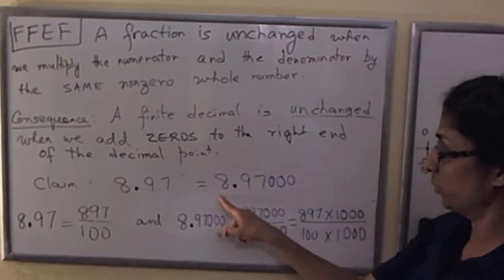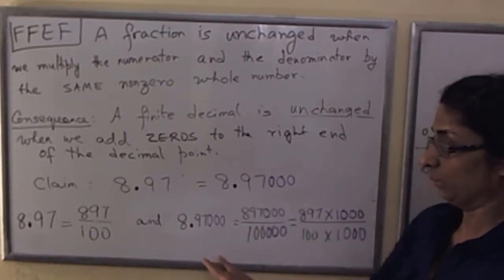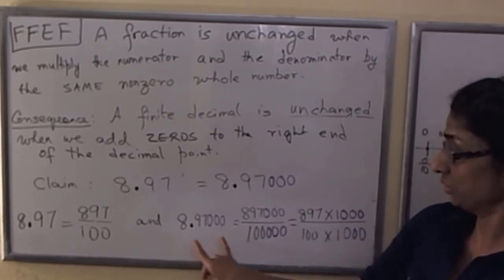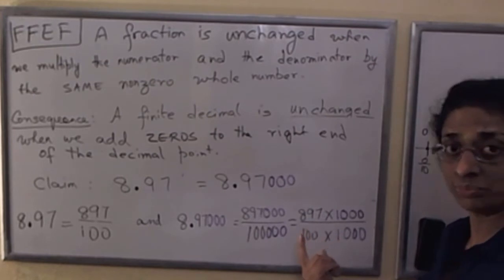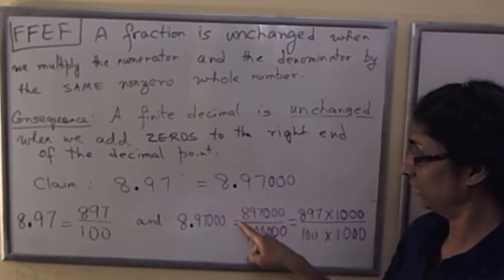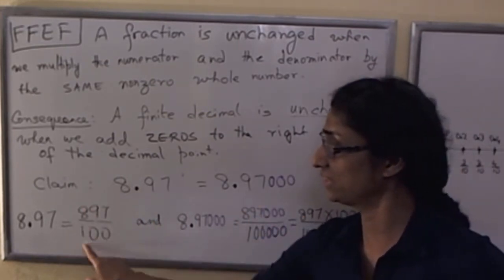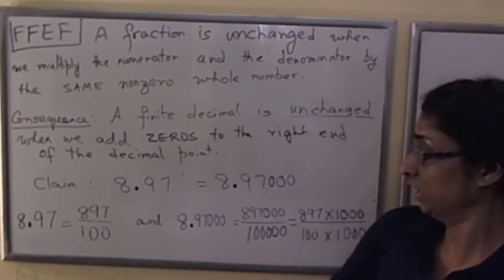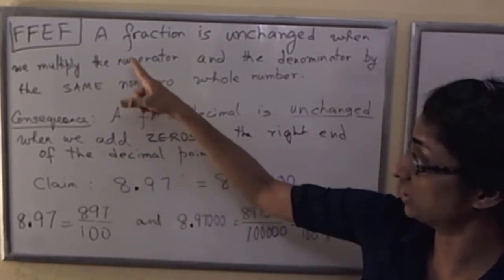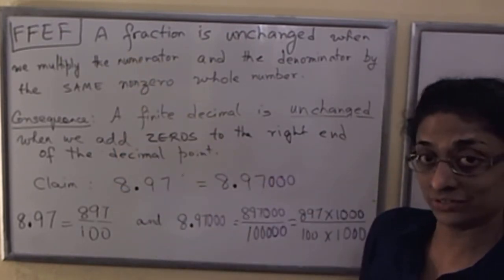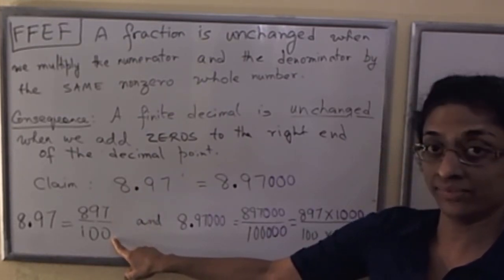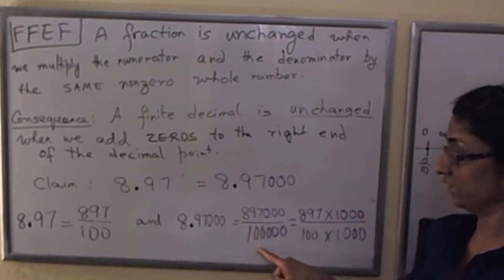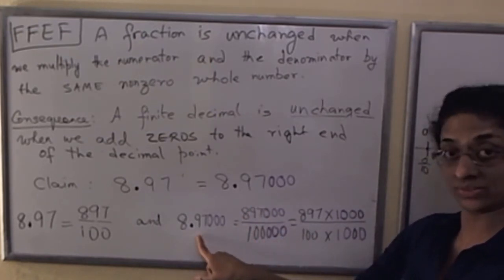Well, how about 8.97000? By the same logic, that is really this decimal fraction, and you can perhaps right away see that this decimal fraction is exactly the same as this. There are two ways of saying it. You can either start out here and use the fundamental fact about equivalent fractions, multiply the numerator and the denominator by 1,000, and you will exactly get this, which equals this.